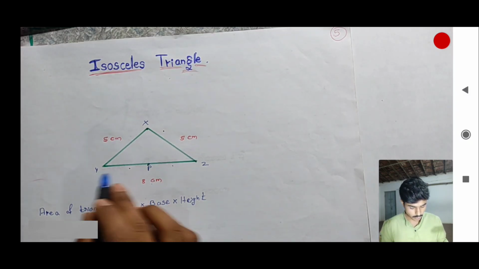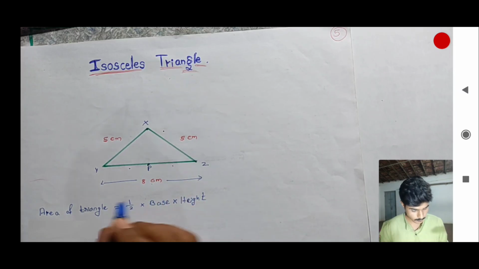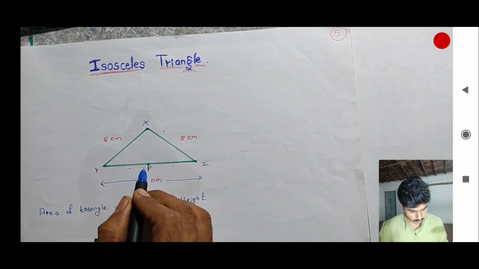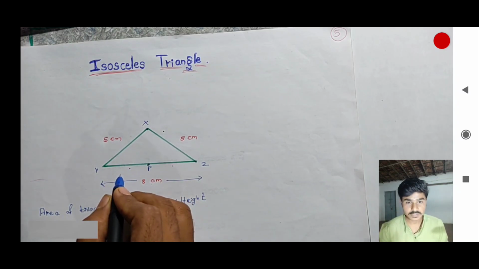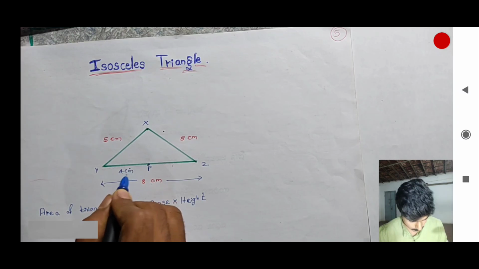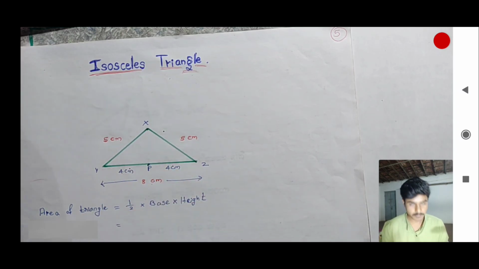So if the whole YZ is 8 centimeter, then YP will be half of 8 centimeter, that is 4 centimeter. Likewise, PZ will be 4 centimeter.